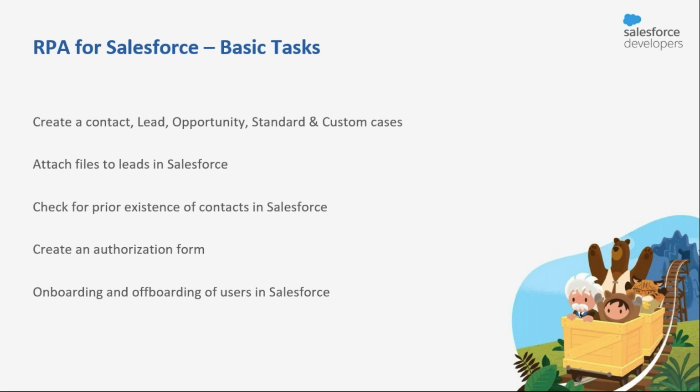But with RPA bots, what are we trying to automate here? The classic example is that data from one system can be pulled by a bot and updated, inserted, or deleted in Salesforce to make sure that multiple systems can keep their data in sync. That's what we are trying to achieve using RPA for these basic tasks.